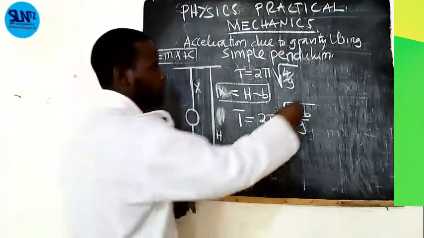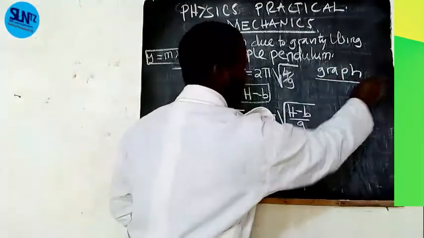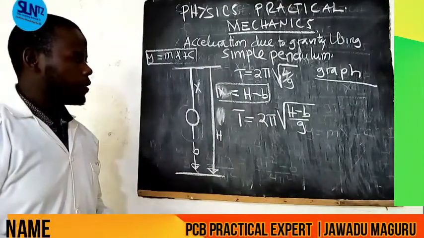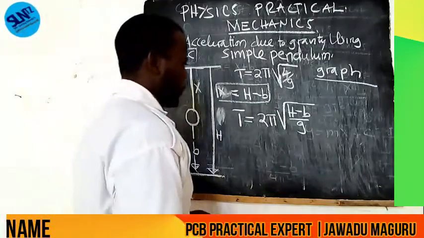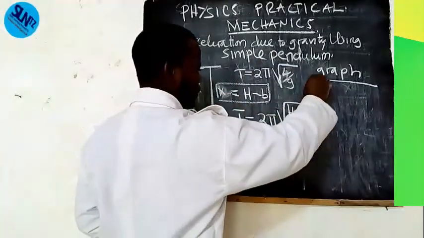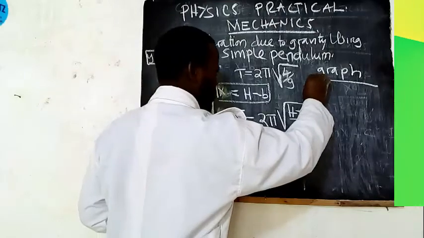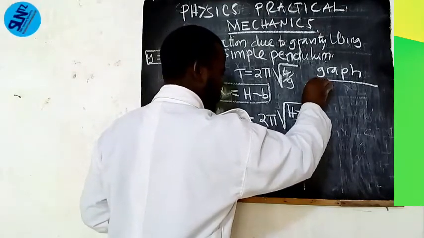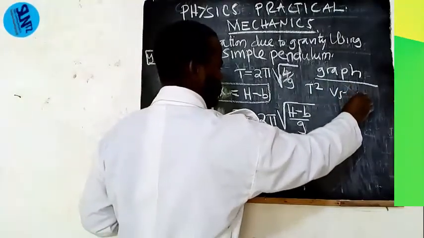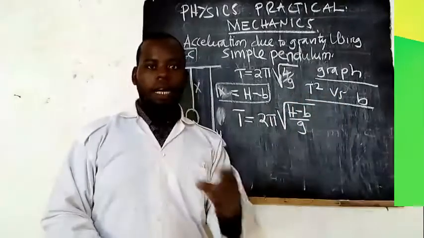So can we ask about the graph? The graph is T square against b.